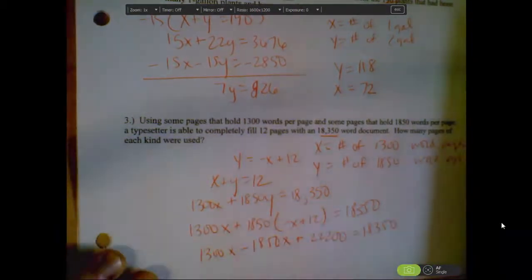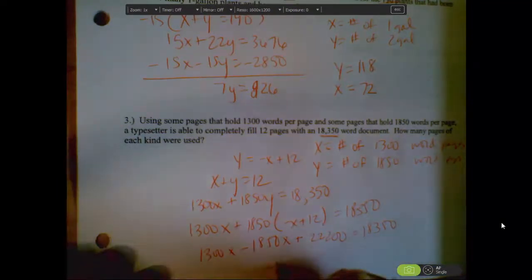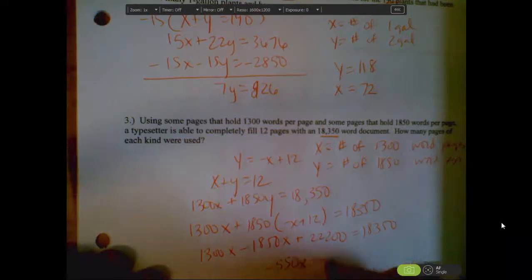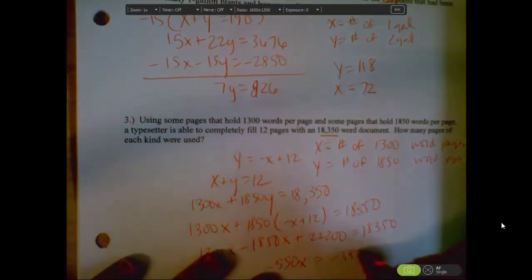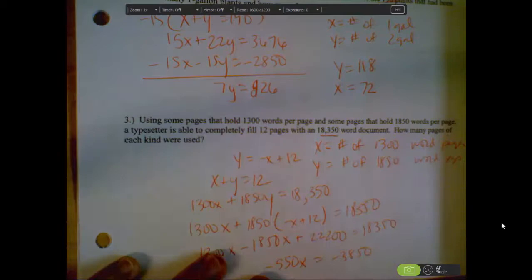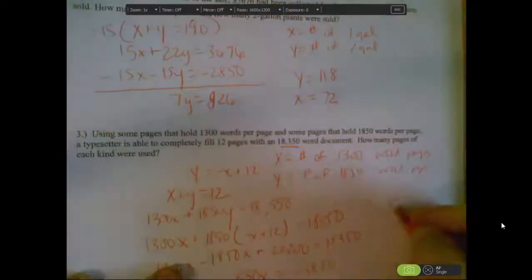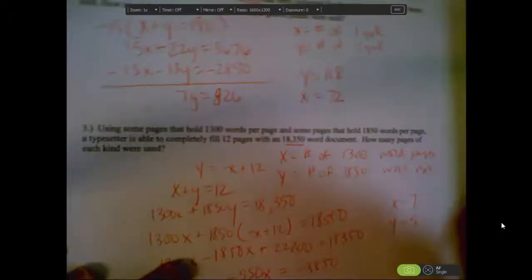Combine like terms, 1,300 minus 1,850 is negative 550. And then subtract that from both sides. Negative 3,850. And you get 7. 7 of those pages, 5 of the other type of pages.